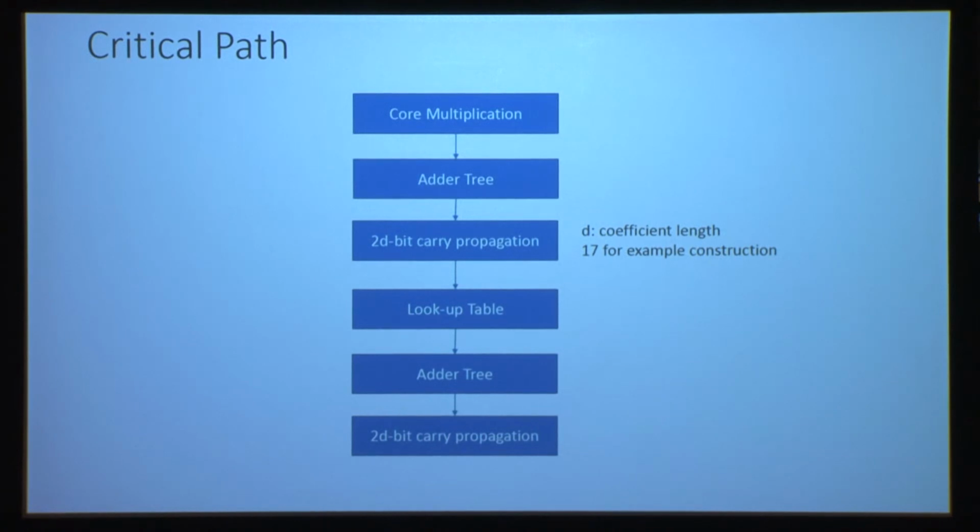So that's added. But again, it's a constant delay. You go from 1K to 2K to 4K. That delay doesn't change. You have an adder tree, and you have 2D-bit carry propagation. So when you increase the size, the only depth that changes is these adder trees. The others stay constant.